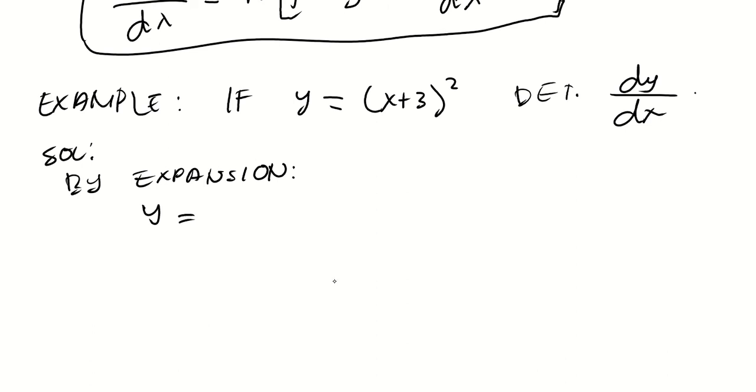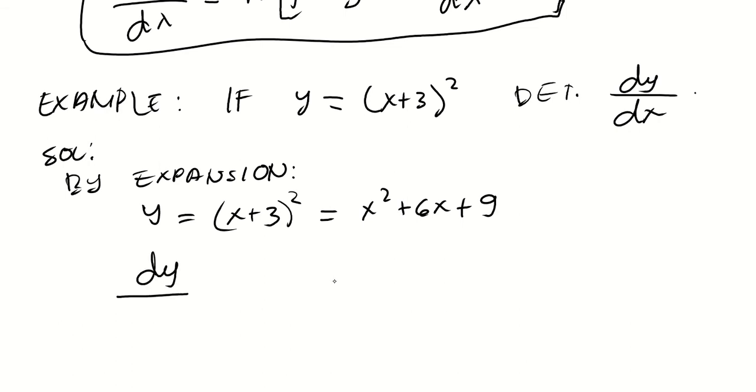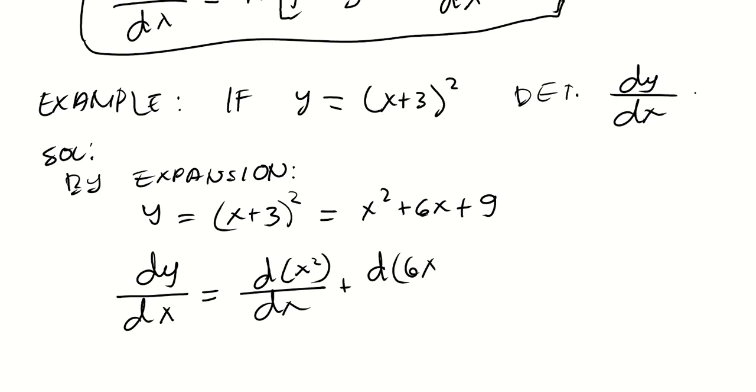Expansion: y equals (x + 3) squared. Using the binomial expansion, this is x squared plus 2x times 3, so 6x, plus 3 squared, 9. Then you take the derivative dy/dx. This is just equal to the derivative of x squared with respect to x plus the derivative of 6x with respect to x plus the derivative of 9 with respect to x.